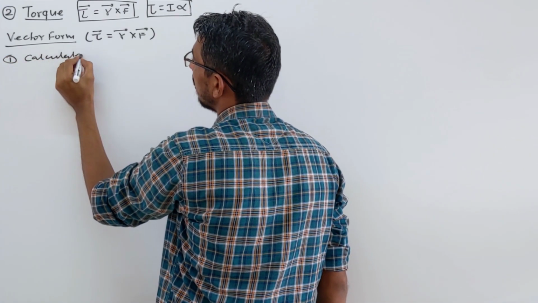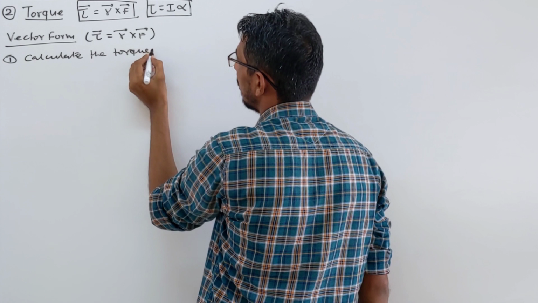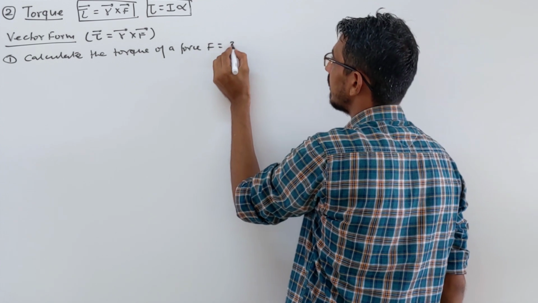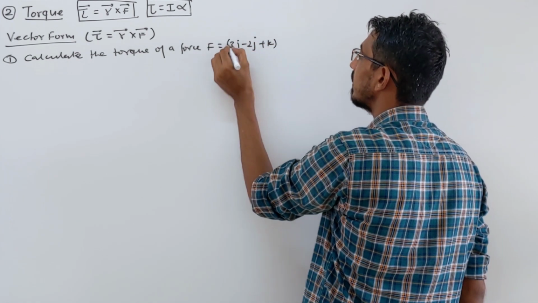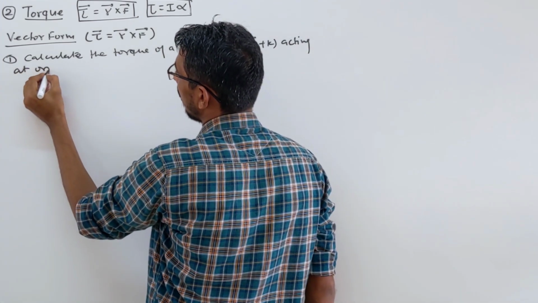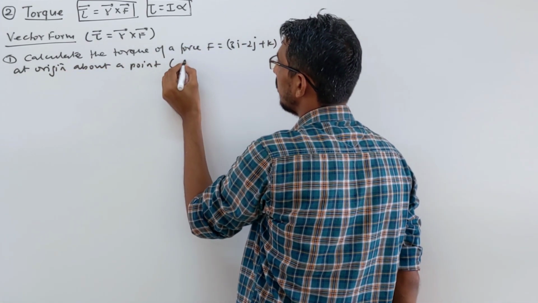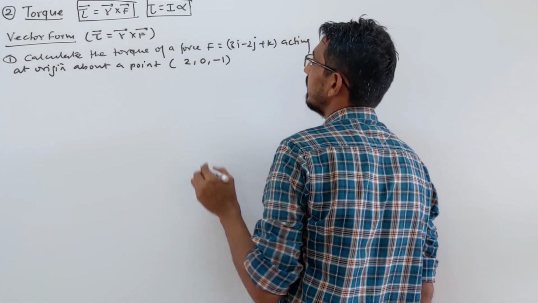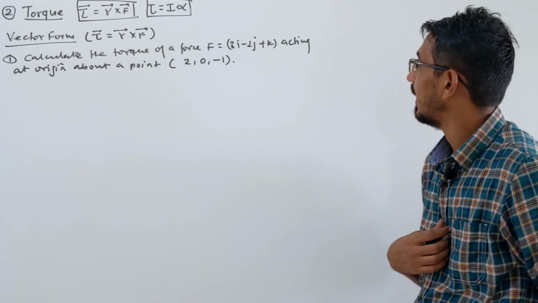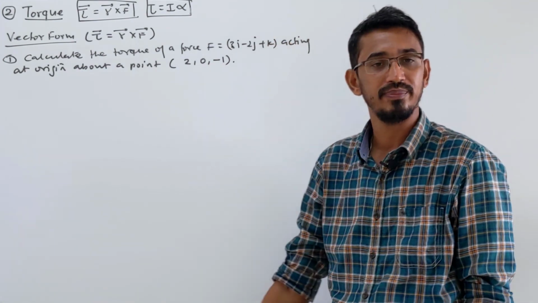Calculate the torque of a force F equal to 3i minus 2j plus k acting at origin about a point, say 2, 0, minus 1, okay.